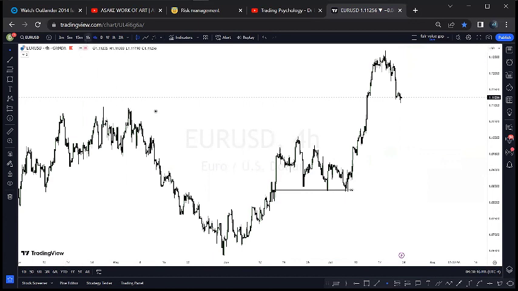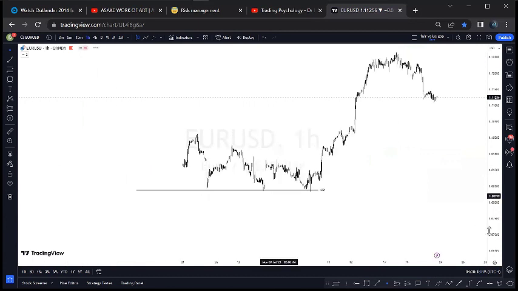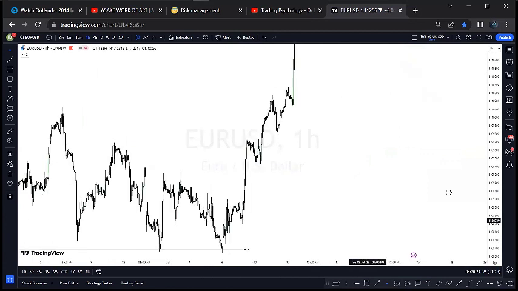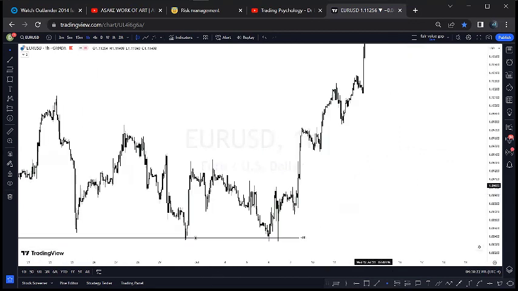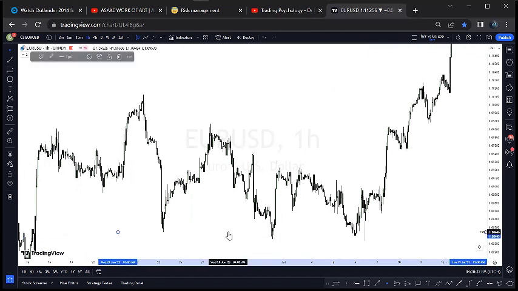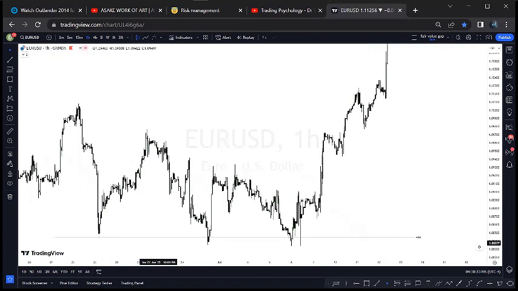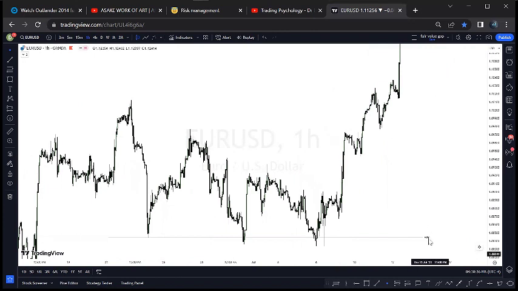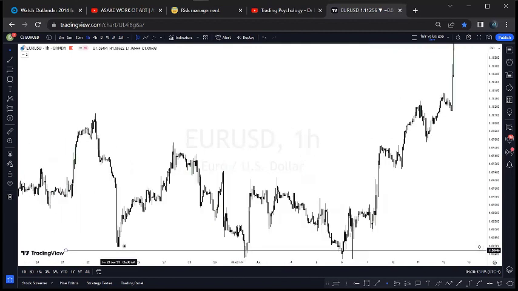So on your H1, that becomes an external liquidity because you are working with this range, this high, and this low. In order to refine this well, you see that low, you see that high. This low was taken out by this. So you see this one and this one. What did they do?